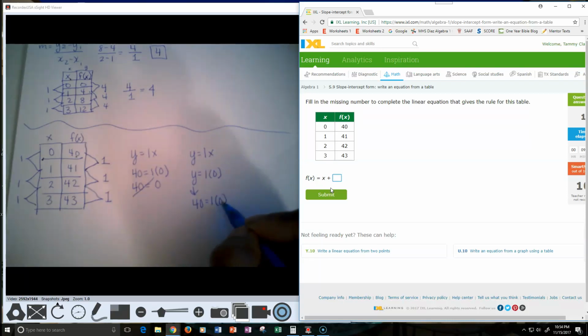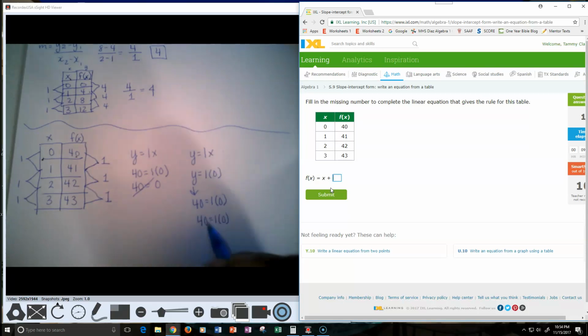Well, 1 times 0 is 0, but I need to do something to this 0 so that this equals 40. Well, the only thing that I can do is add 40. So my equation of this line would be y is equal to x plus 40.